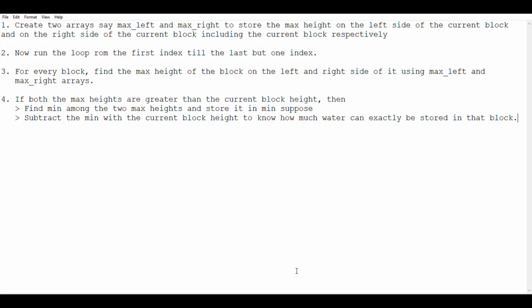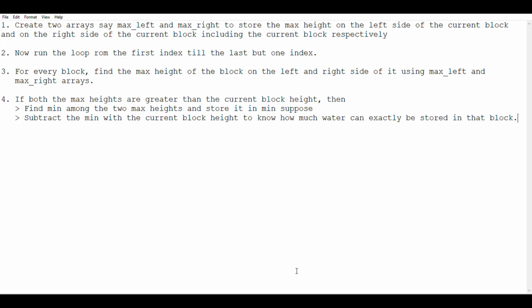You can name them whatever you want. Max left is going to store the maximum height on the left side of the current block, including the current block, and max right is going to store the maximum height of the block on the right side of the current block, including the current block. Okay, so this is the first step.